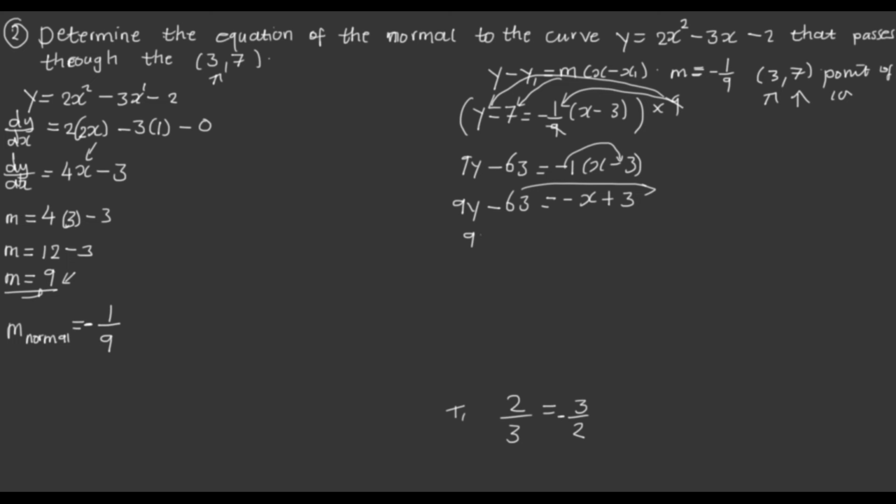We get 9y is equal to negative x plus 3 plus 63. So the sign will change from negative to positive. 9y is equal to negative x plus 63 plus 3, we get 66. So we can leave our answer here, or we can divide everything by 9, but we can just leave our answer here. So this is the equation of the normal.